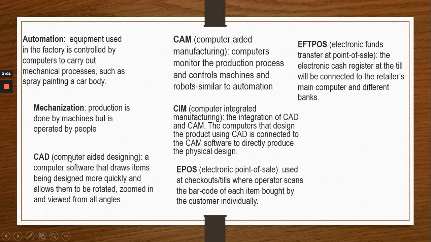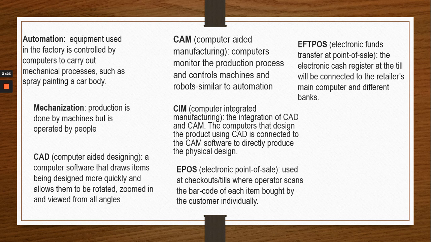Okay, let's continue. There's what we call CAD, computer aided designing. Here, businesses are using computer software that draws items being designed more quickly and allows them to be rotated, zoomed, and viewed from all angles. You have heard of 3D, three dimensions.